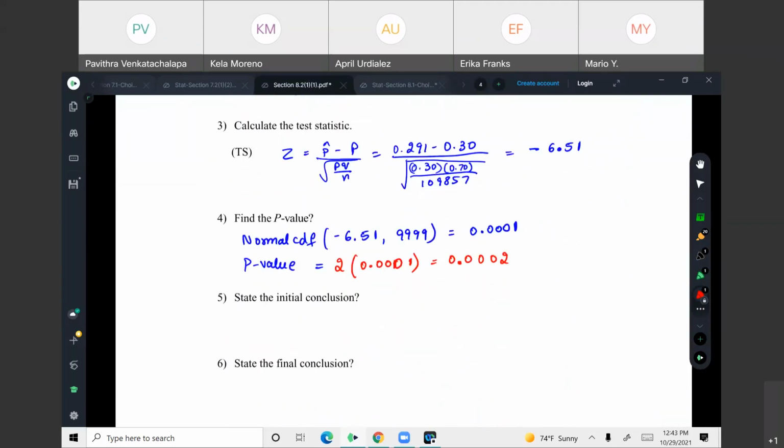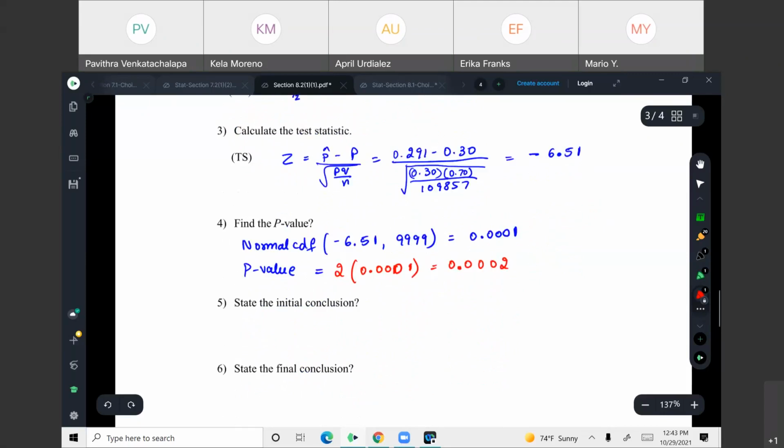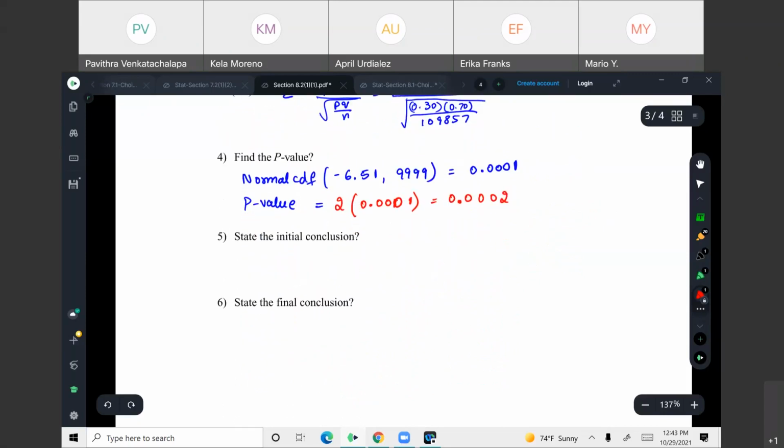So once you get your p-value, as you told me, 1.29 times 10 to the minus 15th, and that might be the reason I took this. Now, stating the initial conclusion depends on the p-value and alpha. P is 0.0002, alpha is 0.005001.